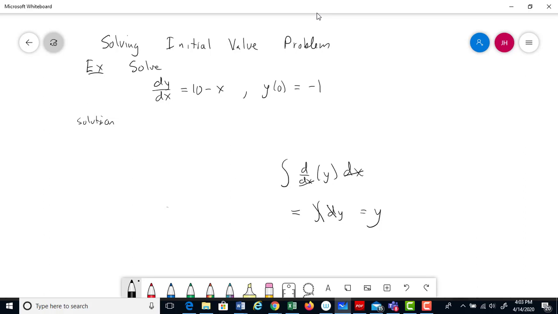Now I know this is on video, so I can't deny it, but this is a hand-wavy version of this. Technically, the reason this is the case is that this is the antiderivative of the derivative of y, and that basically means it's just going to spit out the function. They are inverse operations, or at least as close as we can get.